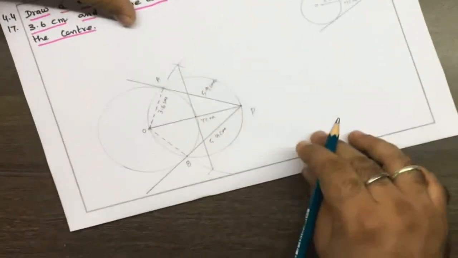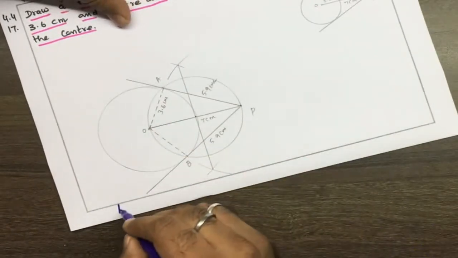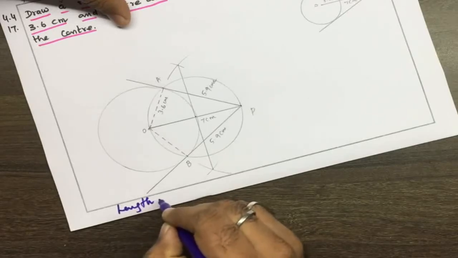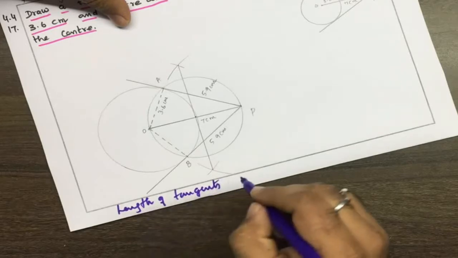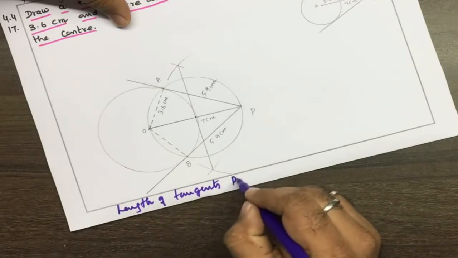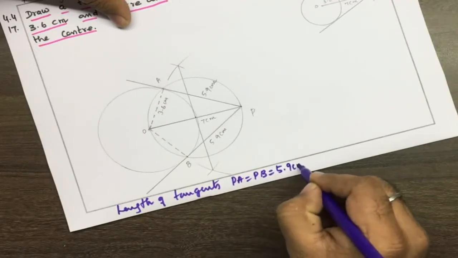Therefore, the lengths of tangents PA equal to PB equal to 5.9 centimeter.